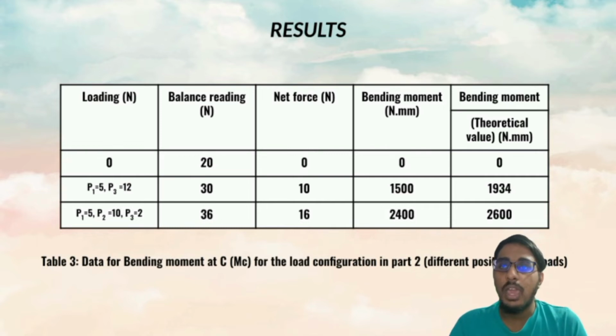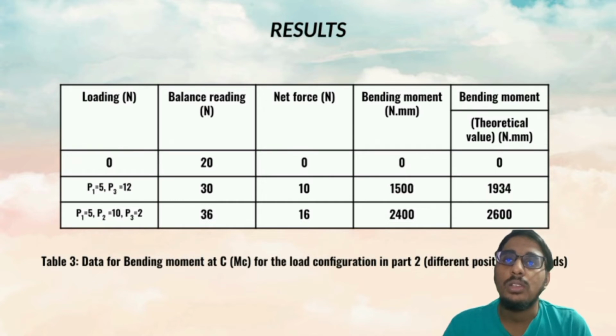For this, we have to find the bending moment, which can be found using calculations, and also the theoretical value. For 10 Newton, we have got 600 as the bending moment and the theoretical value is 667 at P1. For P2 at 10 Newton, we got 1800 as bending moment and theoretical value is 2001, and 900 bending moment at P3 and theoretical value 999.9.